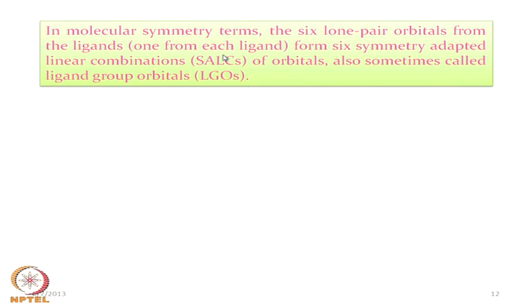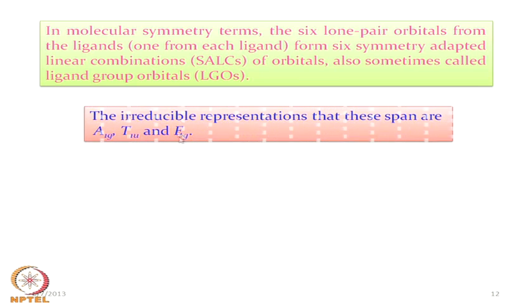So, in molecular symmetry terms, the 6 lone pair orbitals from the ligands, one from each, form the 6 symmetry adapted linear combinations that we have just discussed, and sometimes we consider these as ligand group orbitals. If the ligand is providing 6 such orbitals, the combination of those will be considered as the ligand group orbitals or SALCs.